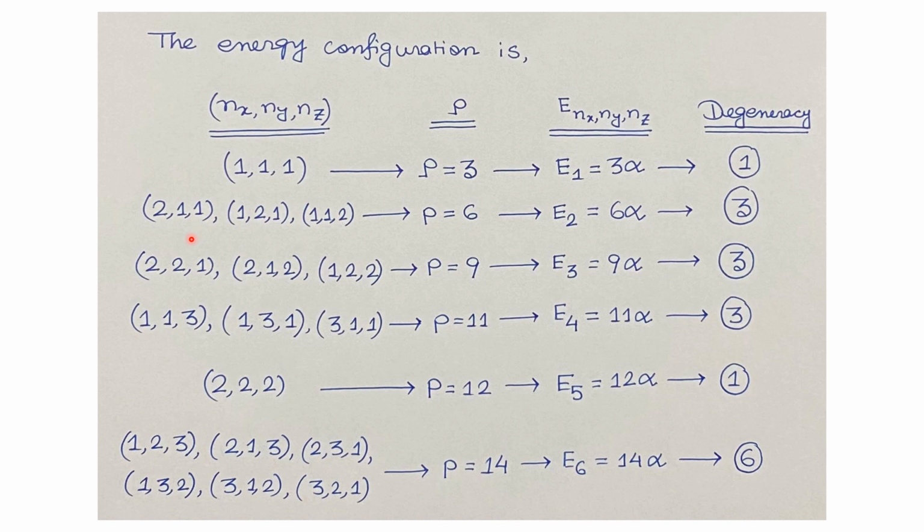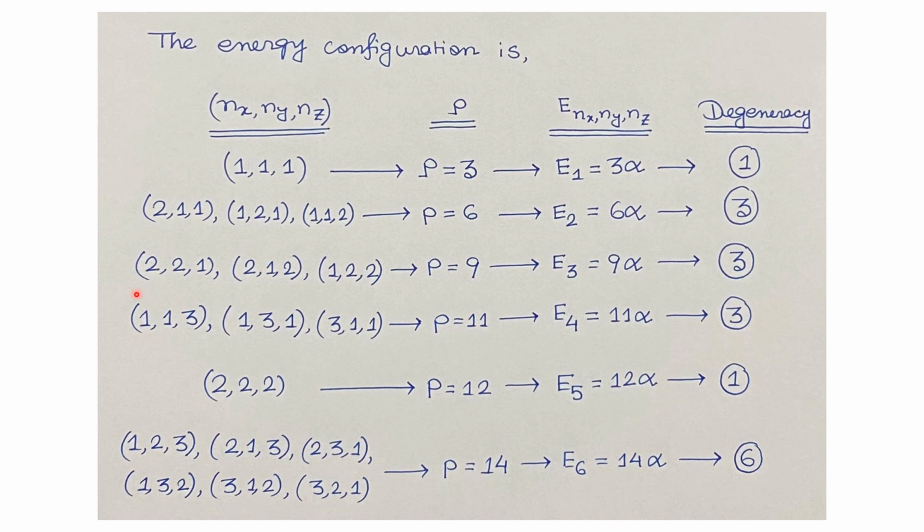In the first excited state, nx can take value 2, ny can take value 1 and nz can take value 1, or alternatively the other possible sets are 1, 2, 1 and 1, 1, 2. So there are 3 possible sets in the first excited state. The p value will be 6 for all of them, and the energy value E2 will be 6 alpha. Clearly their degeneracy is 3.